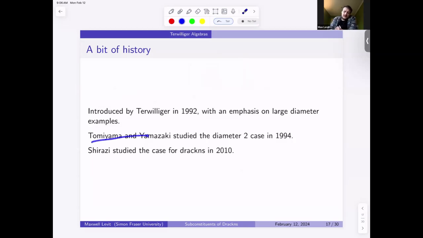Then a few years later, Tomiyama and Yamazaki studied the strongly regular graph case and worked out exactly what's happening there with subconstituents of the strongly regular graphs. And then a student of Chris's, Hamid Shirazi, in his PhD, worked out what's going on in general for Drackns. He worked out the algebraic properties of this Terwilliger algebra, the size of the irreducible modules, and a little bit more information about them.